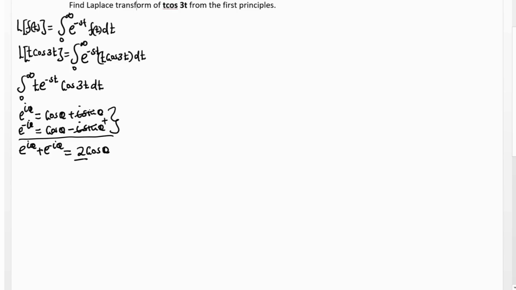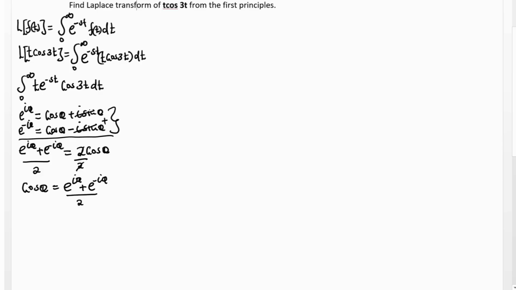We divide both sides by 2, and the 2s cancel. We remain with cos theta equivalent to e raised to i theta plus e raised to minus i theta all over 2.